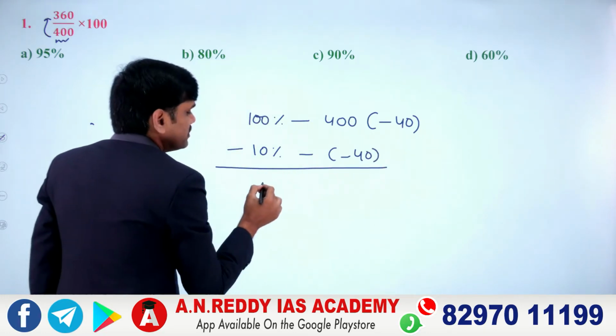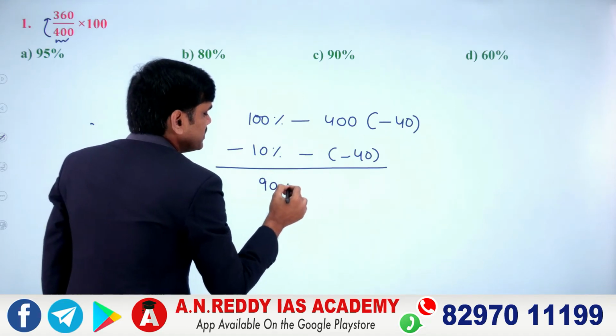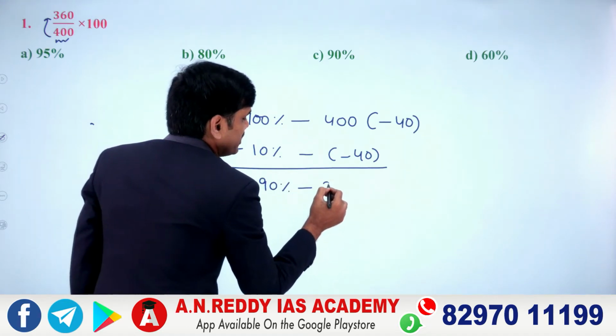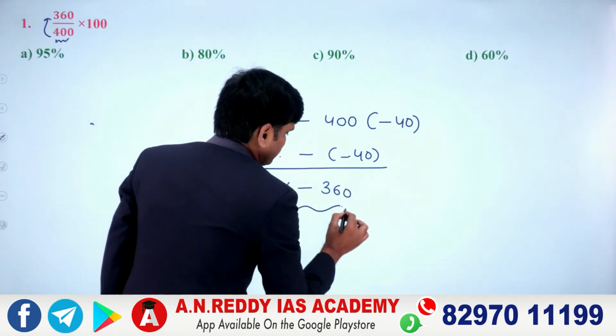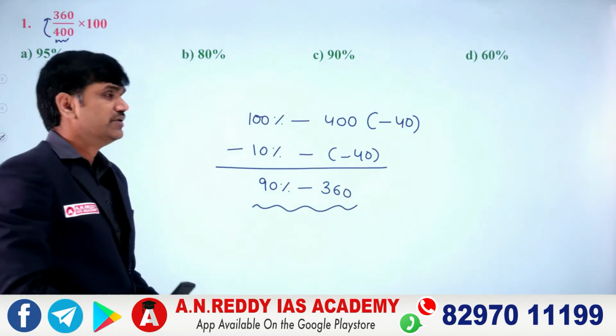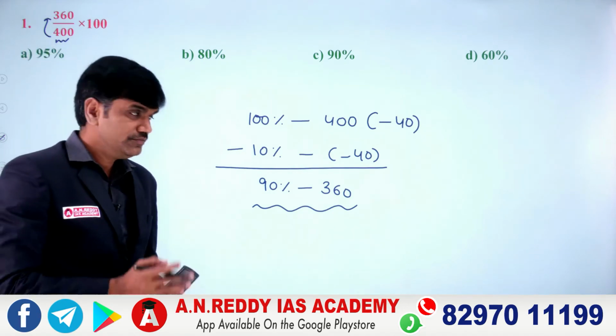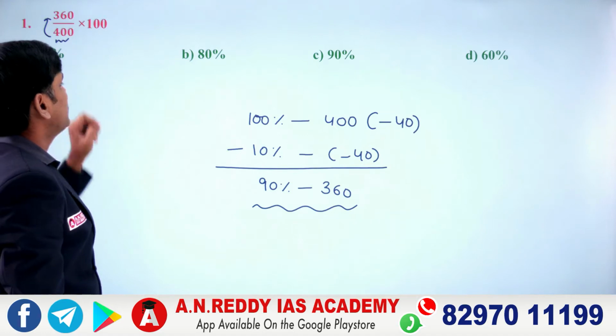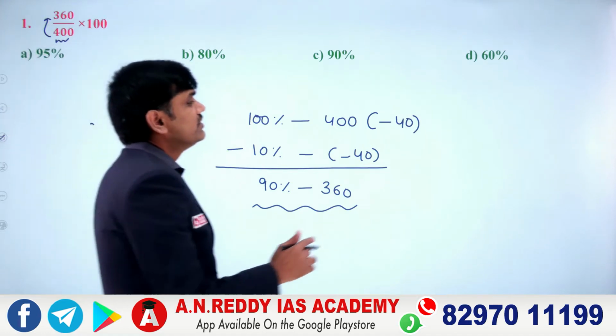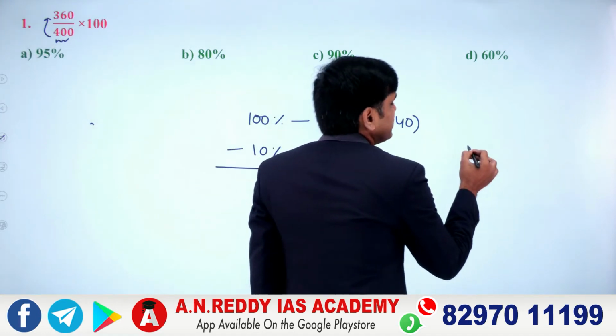That means that will be equal to how much percent? 90%. So 90% will be equal to 360, which means this numerator is 10% lesser than the denominator.